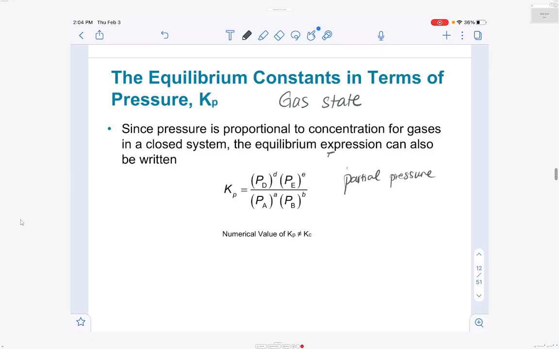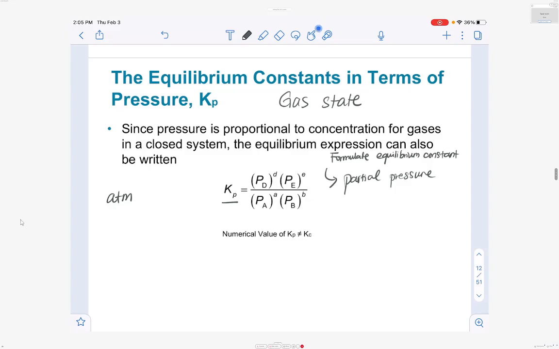So when partial pressures in atm, or atmospheric pressure, is used in the expression, we denote the equilibrium constant Kp, instead of Kc. P stands for pressure, okay?